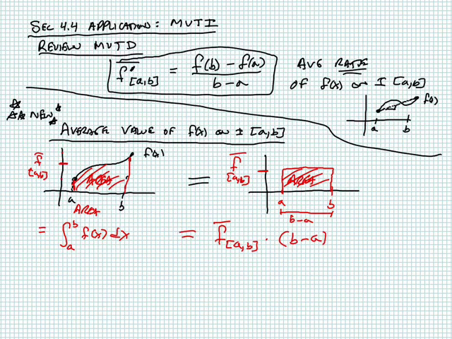Now, to complete this, what I'm going to do is divide both sides by this b minus a and solve for my average value.